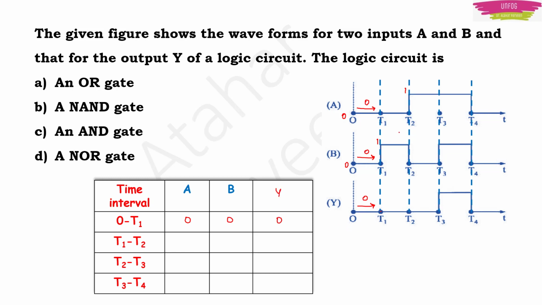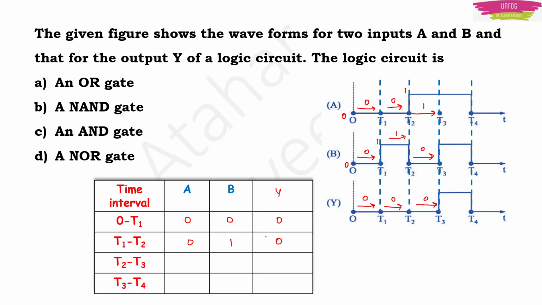From T1 to T2, input A is again 0. Input B is 1. And output again it became 0. So this one will be 0, 1 and output is 0. So this is what the given waveform says. Then from T2 to T3, the input A is 1 and input B is 0 and output is also 0.